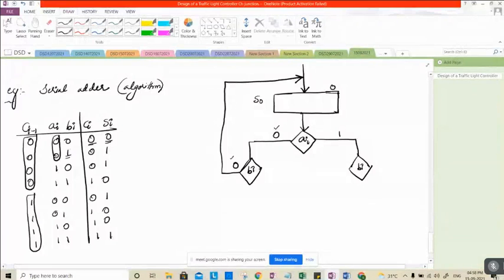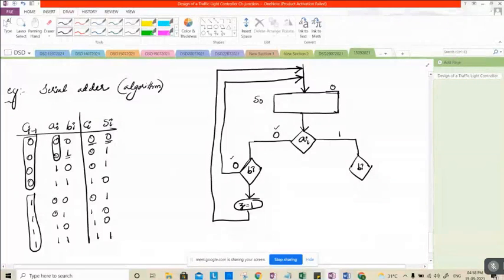Now if it is 1, what will happen? Output gets generated here. Z is equal to 1, or Si is equal to 1, in this particular loop.